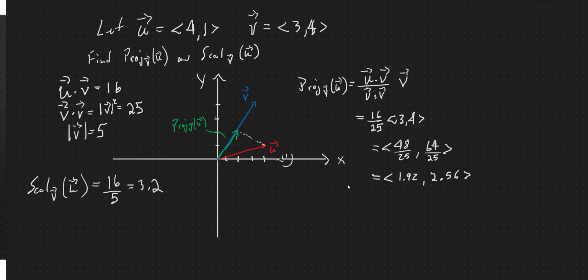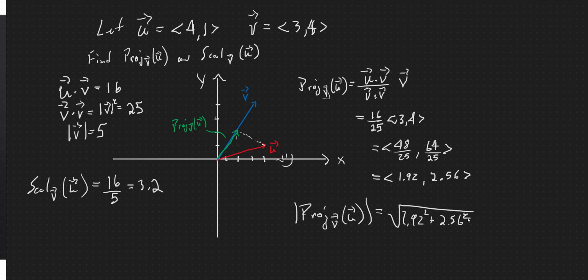And let's make sure we did this right. We also know that the magnitude of the projection should be this scalar quantity. So what's the magnitude of my projection of u onto v? I'm going to use my decimal form here. That's the square root of 1.92 squared plus 2.56 squared.